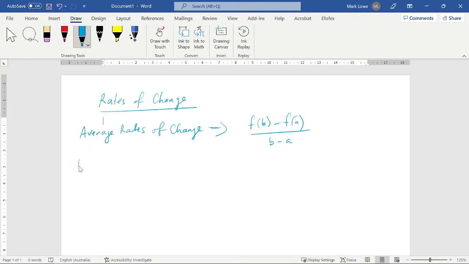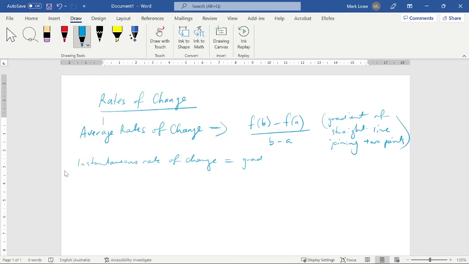The average rate of change, I'll just write here, is the gradient of a straight line joining 2 points.